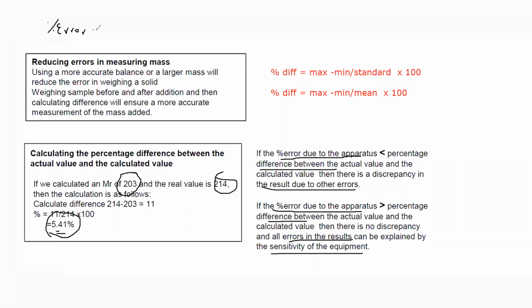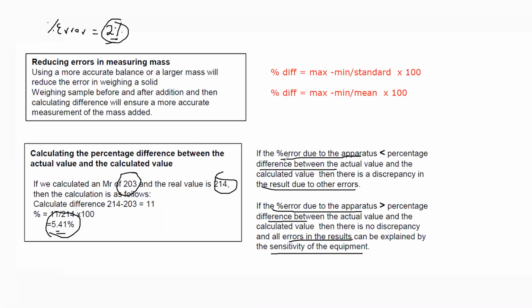The percentage error, as we discussed, is the smallest value divided by the value recorded into 100. So for example, your percentage error due to apparatus comes out as 2%. So because of the apparatus there is a 2% error, but the percentage difference is higher.